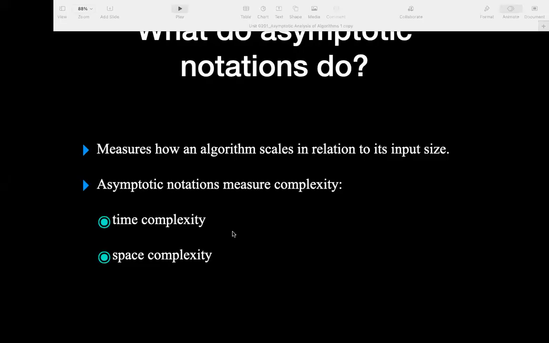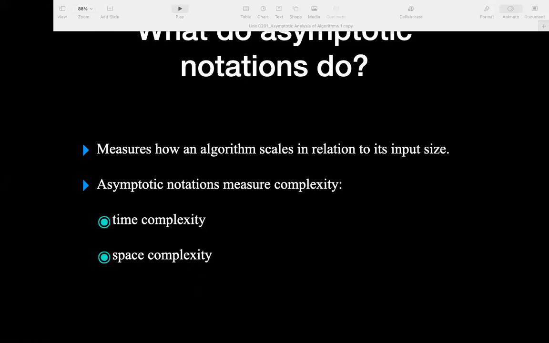I believe you got it. What is time complexity and what is space complexity? Yes or no? Maybe you can write in the chat. Can you hear me? Okay, all right. Now I got the message. Yes, space complexity.